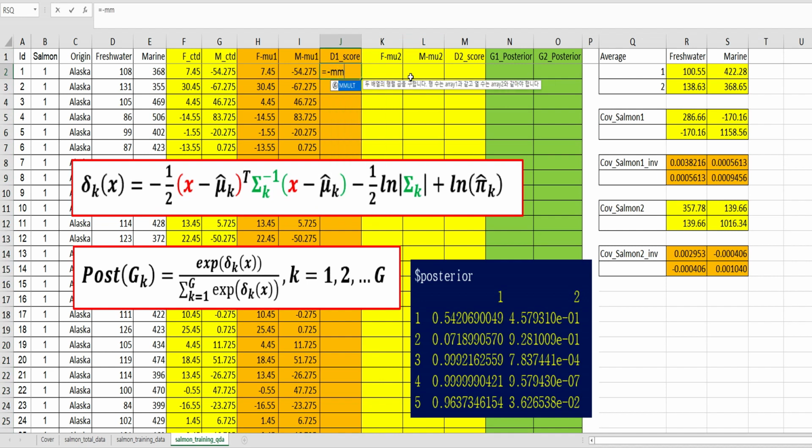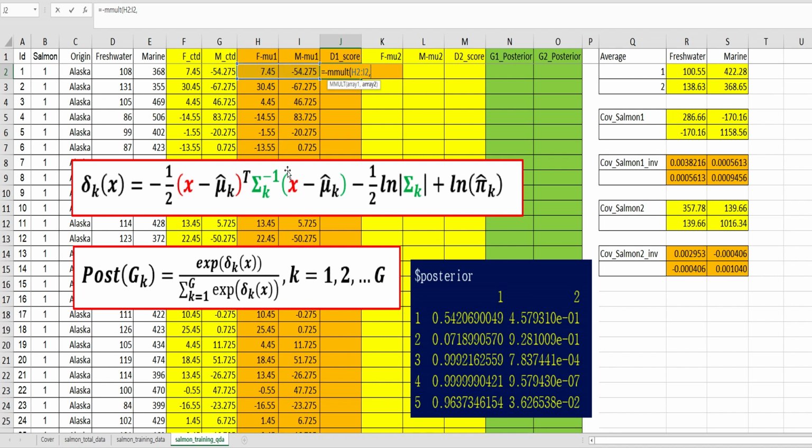Minus and MMULT x minus mu transpose. Actually, this is a 1 by 1 value. So this is 2 by 1, 1 by 2 vector. So we don't need to transpose it. This part we need to transpose it. Okay. This one.